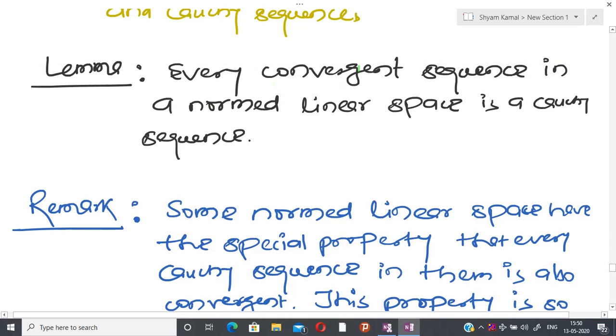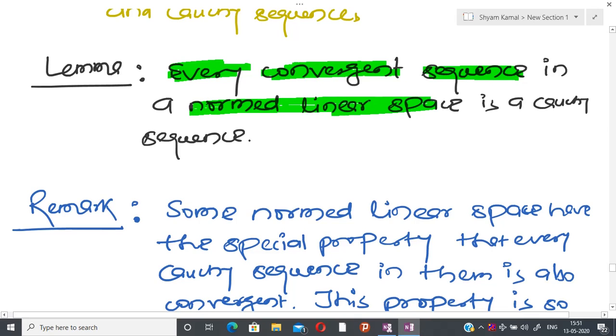Please be careful that whenever we are talking about a sequence, we have to be very specific about the space or set, or in terms of metric, everything.